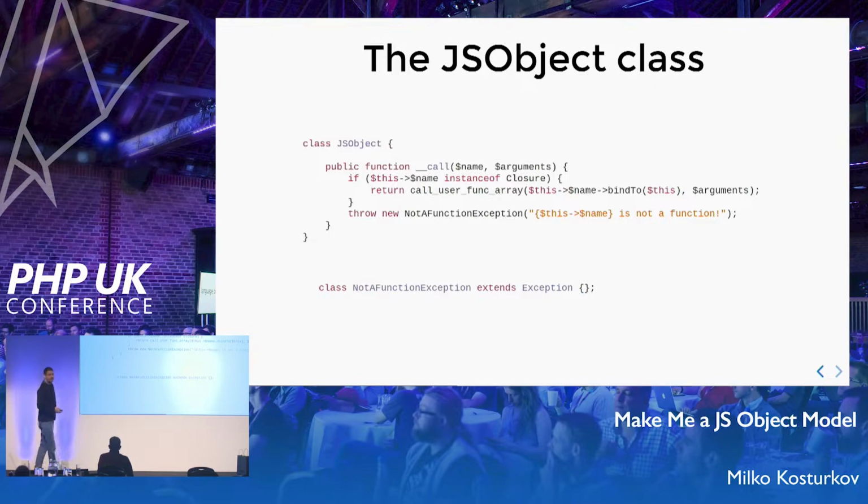And by the way, this is probably a way that you can exploit to assign values to private properties from outside of an object. You can kind of walk around this, because when you bind the closure to an object and it gets executed in the context of the object, it has access to its private and protected properties as well. So yeah, you should know that. You should be evil as much as possible.